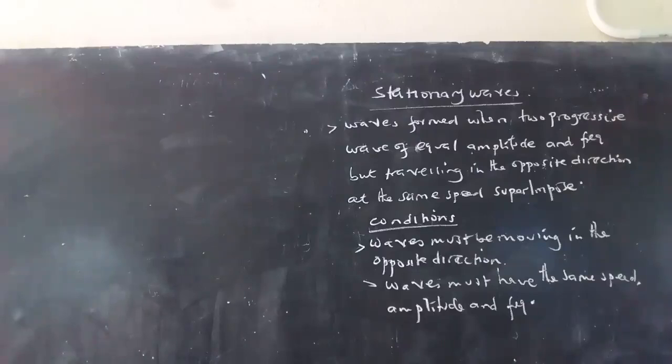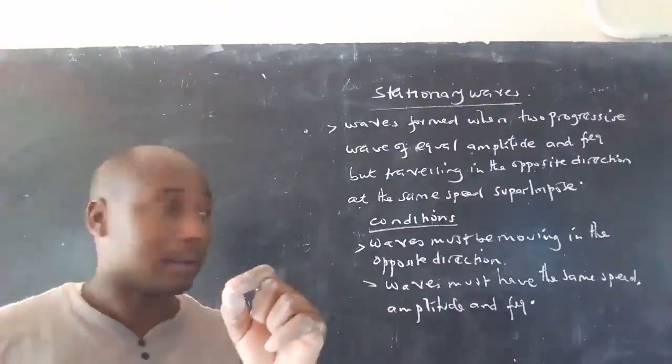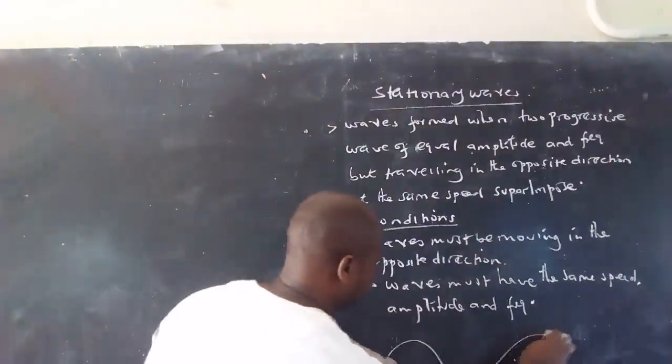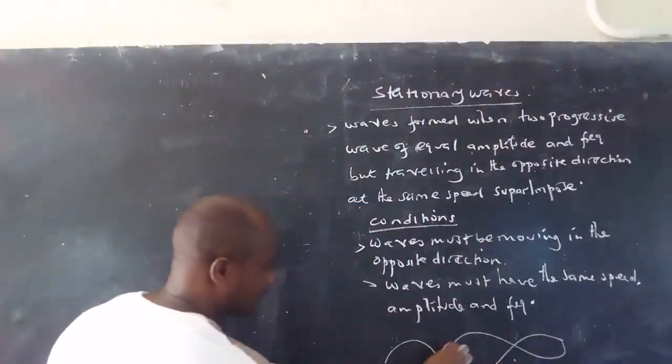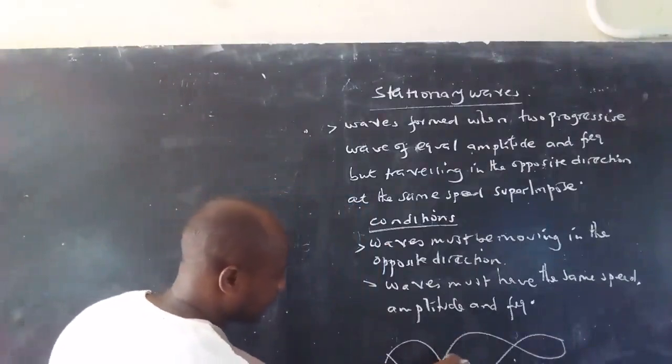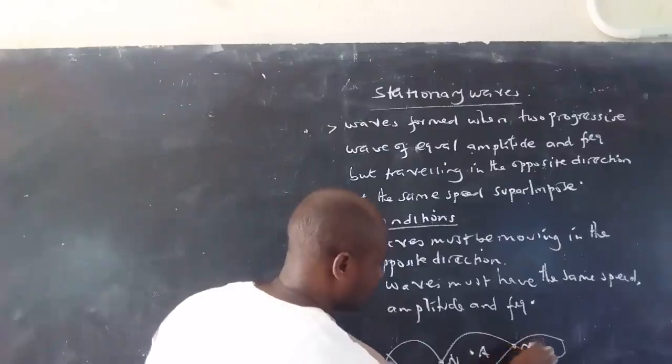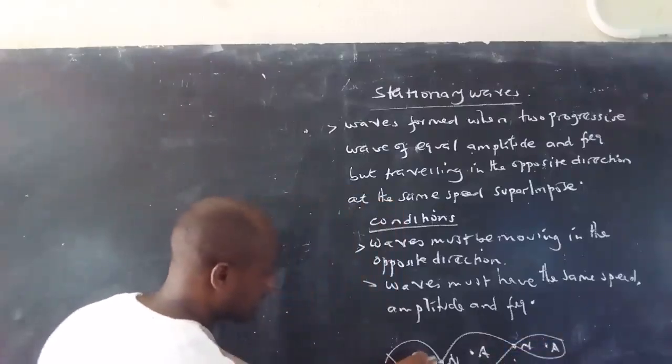Now, when we talk of antinode, at antinodes waves meet in phase and amplitude is maximum. So this one is moving like this, then it's reflected back, it comes back like this. So this one is called node, here is antinode, here is node, here is antinode.